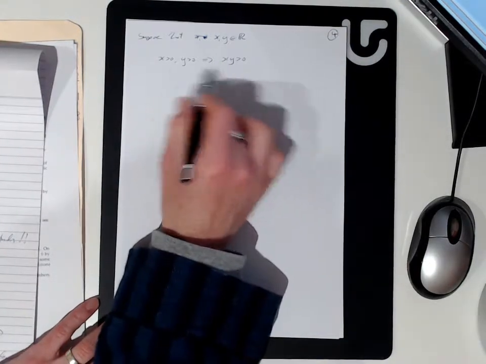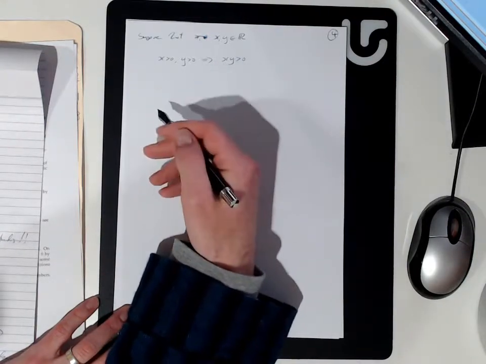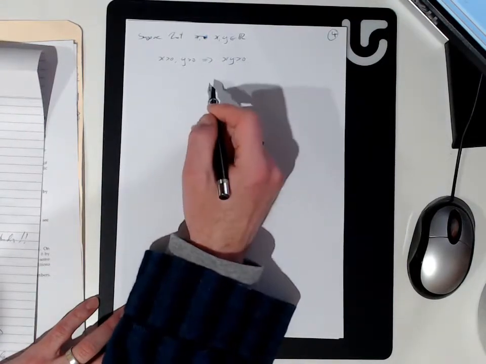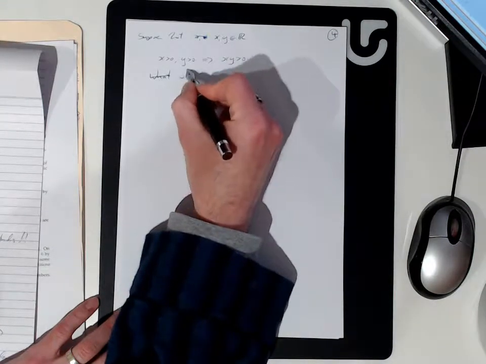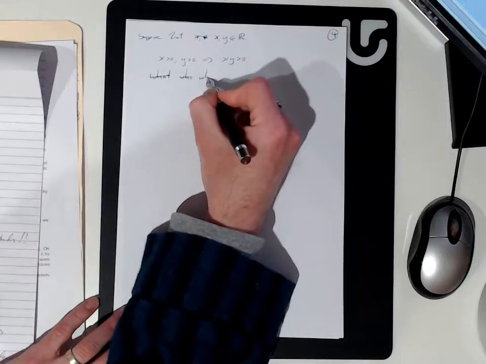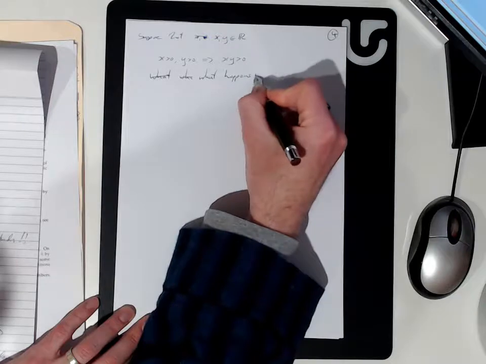This says that multiplication behaves in a nice way with respect to the inequality. What happens in R? Sorry, what happens in C?